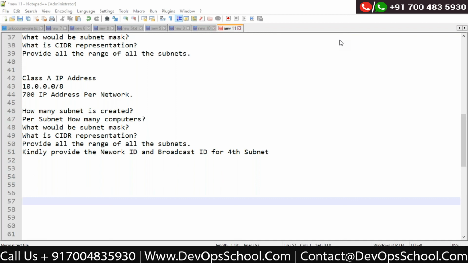Okay, now I will tell you one more interesting problem in subnetting. Now, subnetting is also not a 100% foolproof method to use the IP addresses optimally. I will give you one small example, and with the help of that example, you will come to know what the problem is which comes when we are doing subnetting.